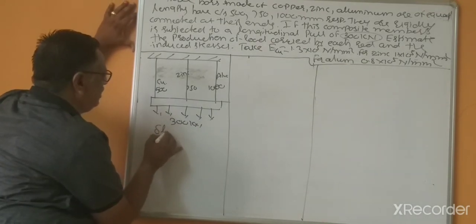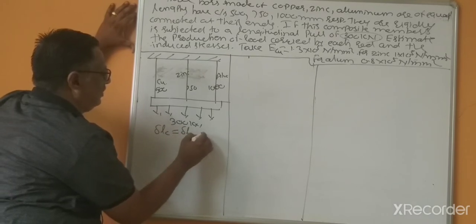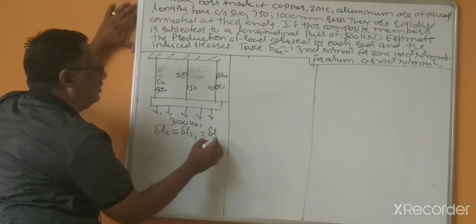So here the length of the copper is equal to the length of the zinc and the length of the aluminium.